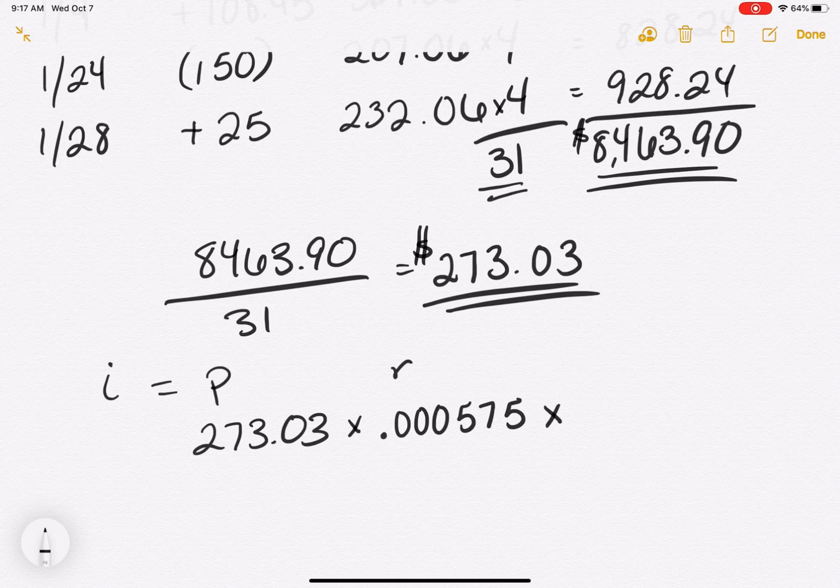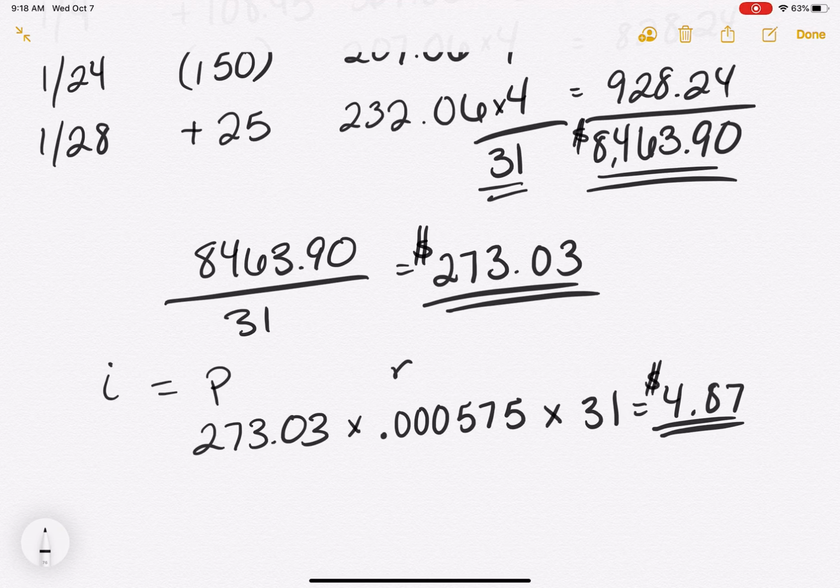Nope, it's not for a whole year. Times 31. Good. That gives $4.87.